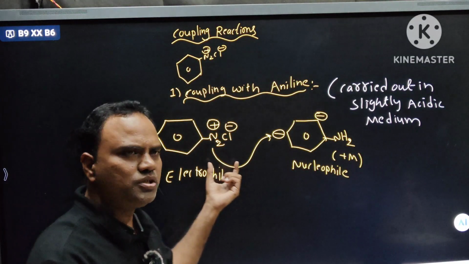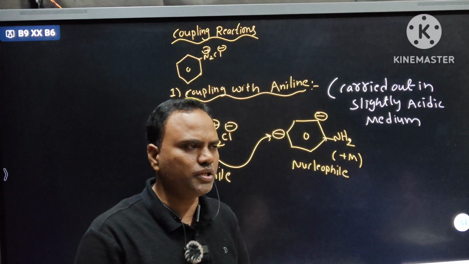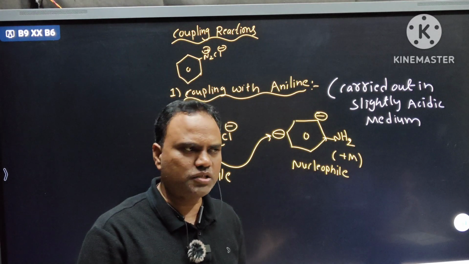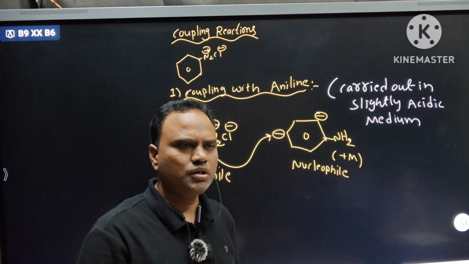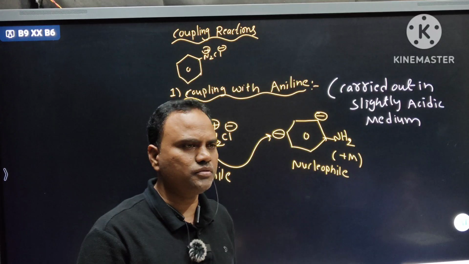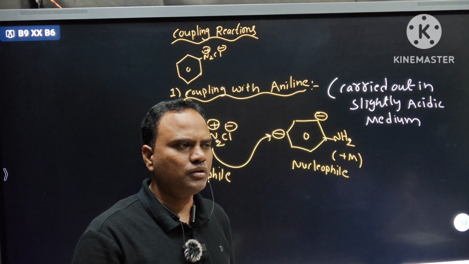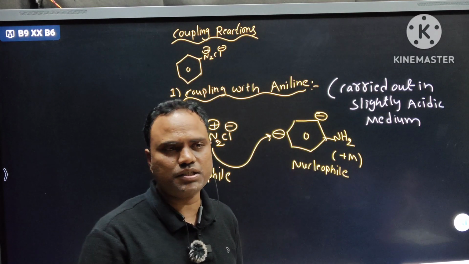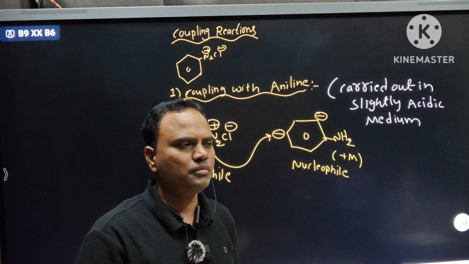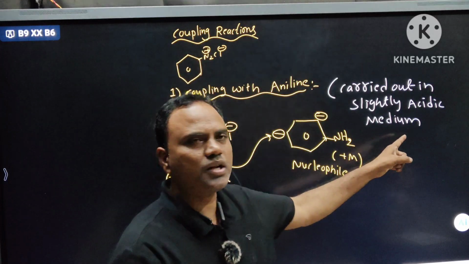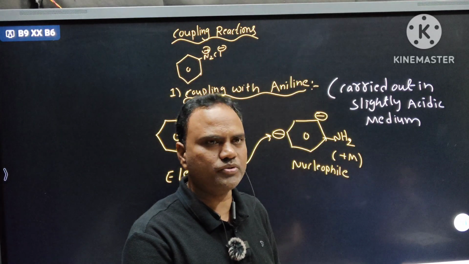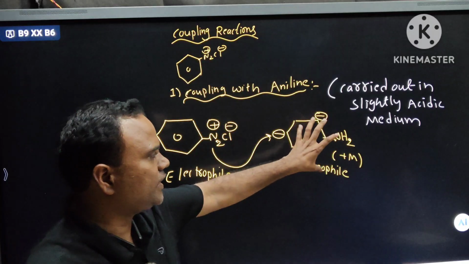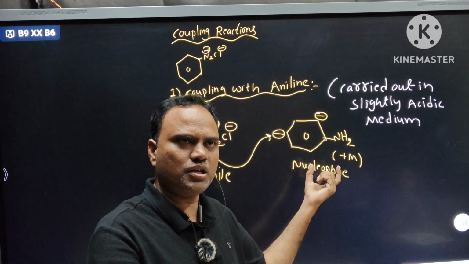You tell me, benzene diazonium chloride is coupling with aniline, right? Is aniline a base or an acid? Base. That's why we prefer the slightly opposite medium. For example, take phenol next.